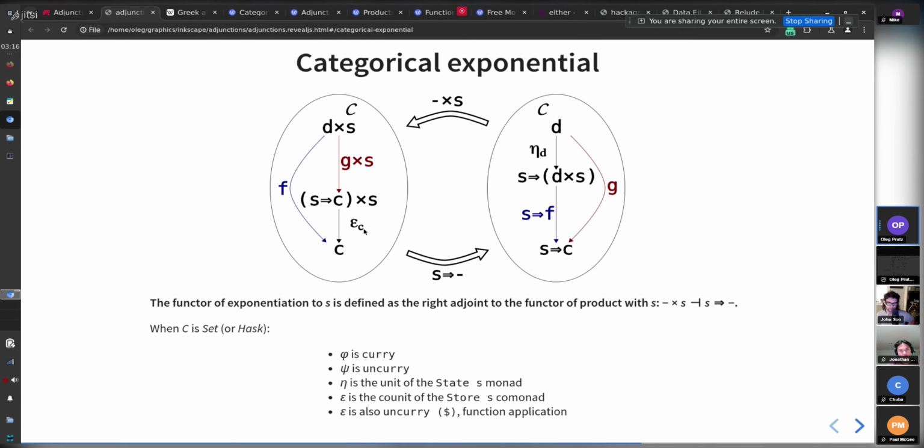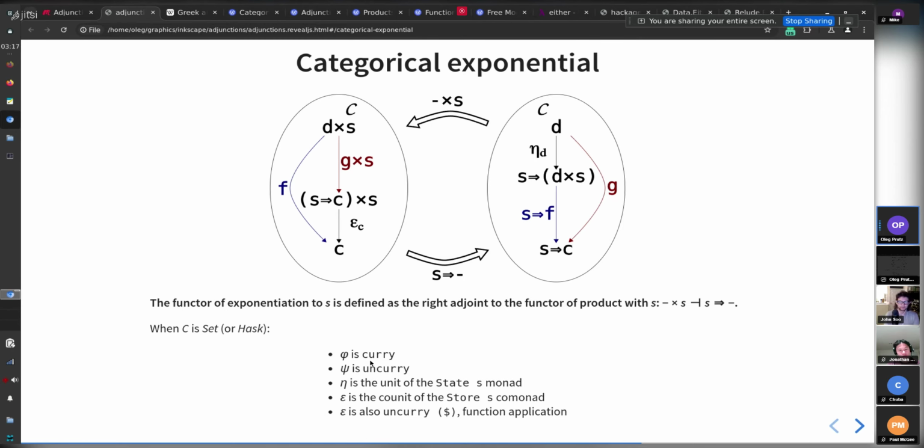This guy is apply, so it is function application, so either uncurry application or uncurry ID, right? As we saw in the equivalence of adjunction definitions, you can apply psi to ID and get the component of the co-unit, right?